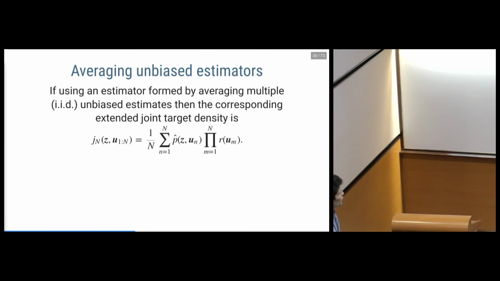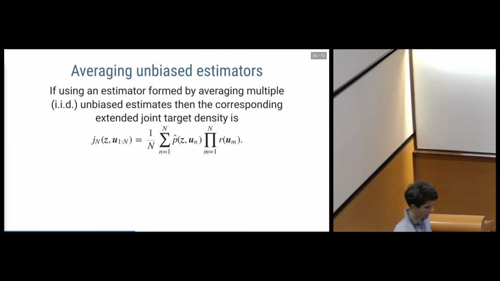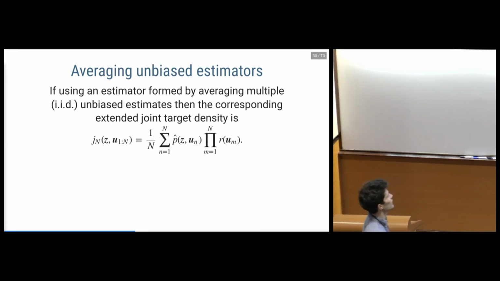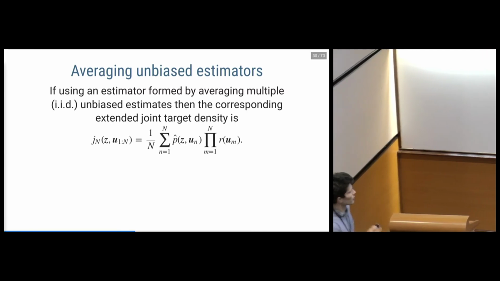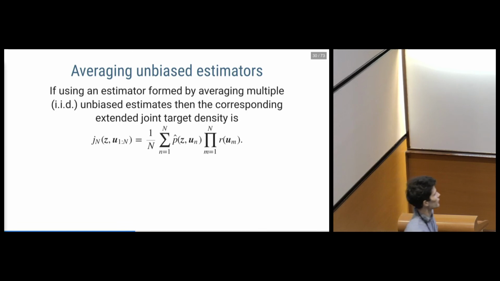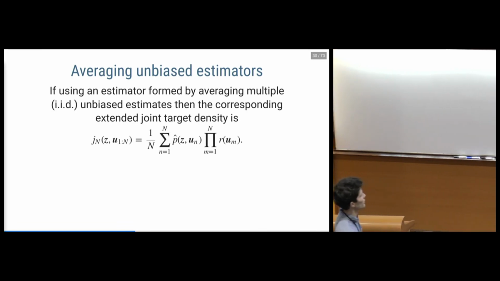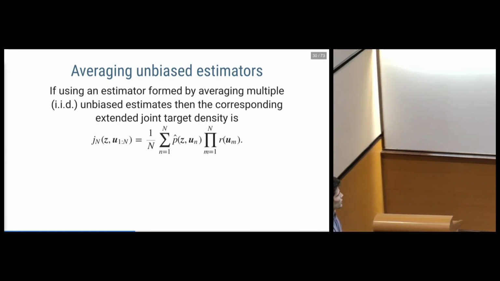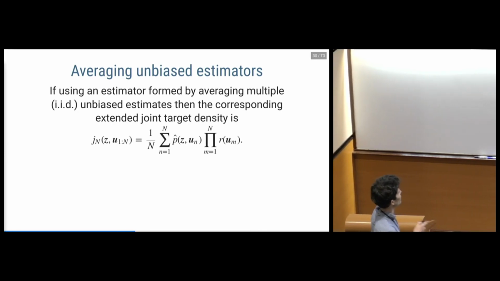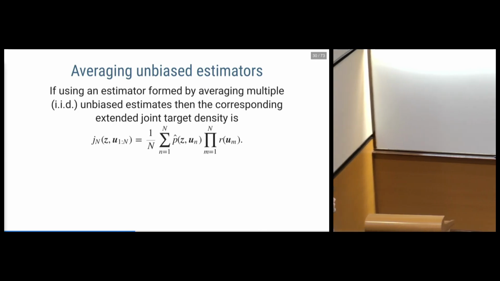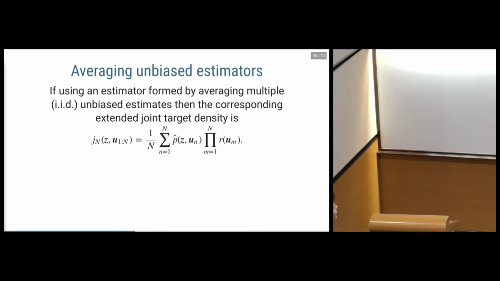Coming back to this earlier idea, a very trivial way of doing that is taking some simple unbiased estimate, coming up with a set of independent such estimators, and taking the arithmetic mean across them. Then our joint target density on the z variables and all of the N auxiliary variables will have this particular form.